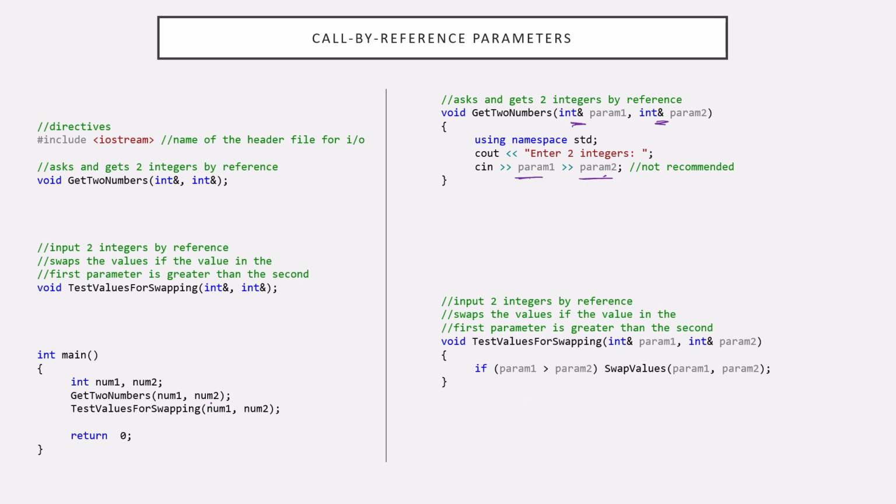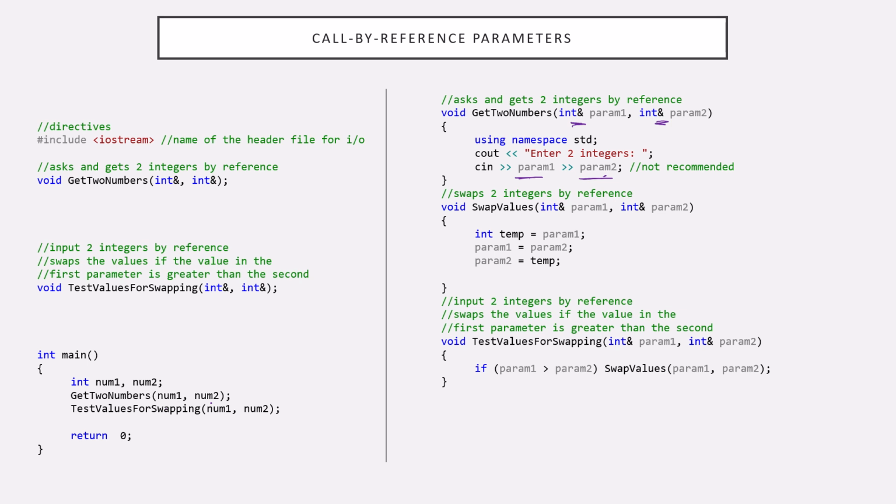If the numbers that were put in up here were 2 and 3, then you would test 2 and 3, and you would not swap them because 2 is not greater than 3. But if they were 3 and 2, or anything in which this one is greater, then you'd call the swap values function. The swap values function also goes by reference.